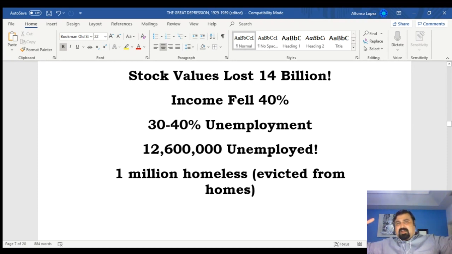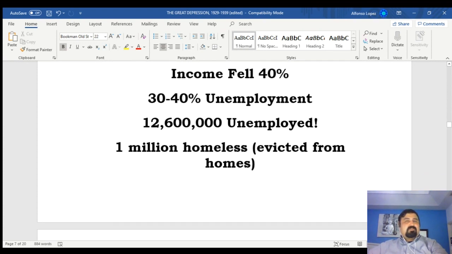Many people felt that they were actually rich because they were holding very valuable stock, and so on and so forth. Well, again, with the stock market crash, all this stock lost its value, $14 billion again. Income fell 40%. That is to say, there were a lot of people that were employed, earning wages and incomes, but we're going to see about 40% unemployment.